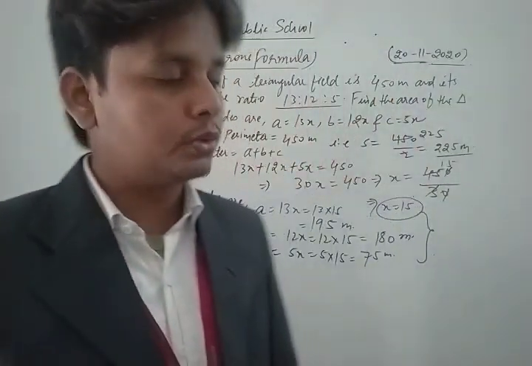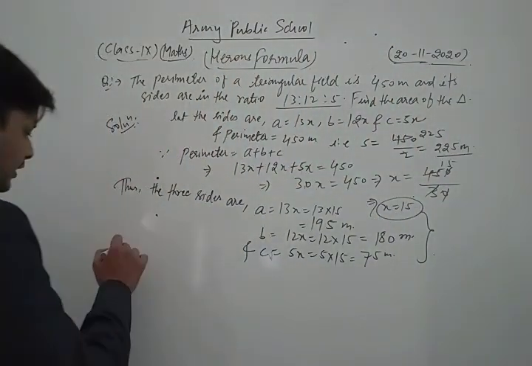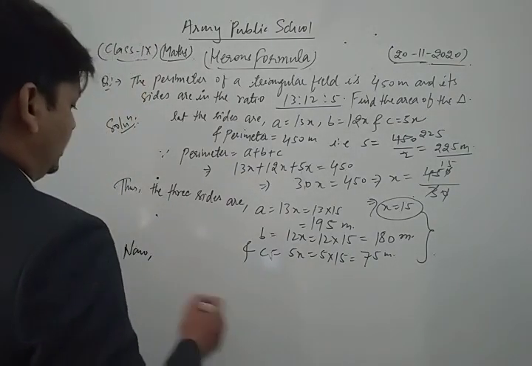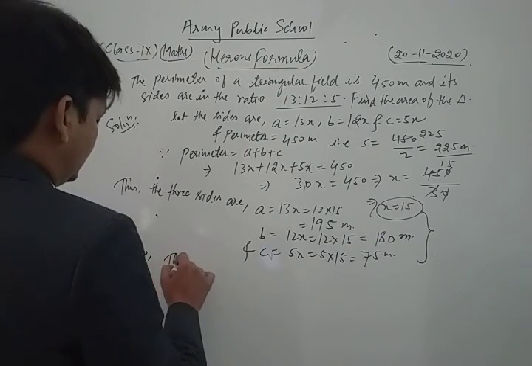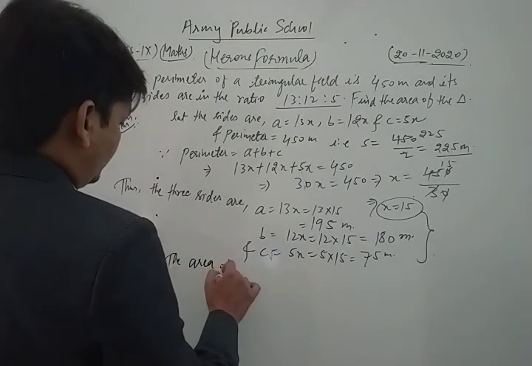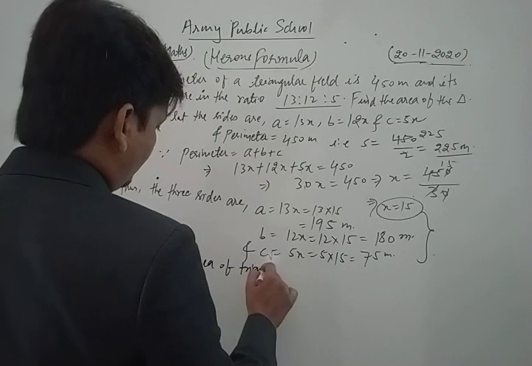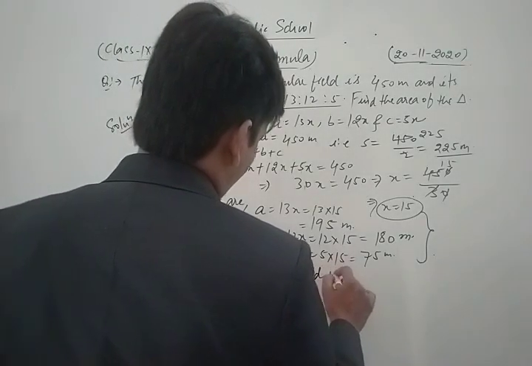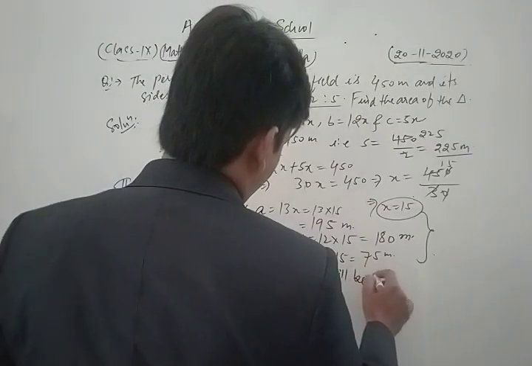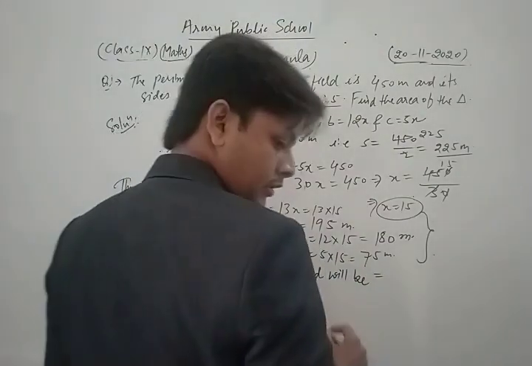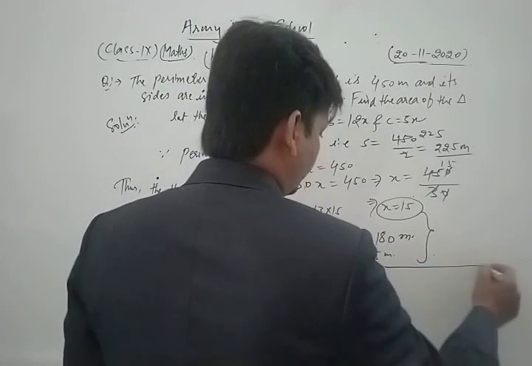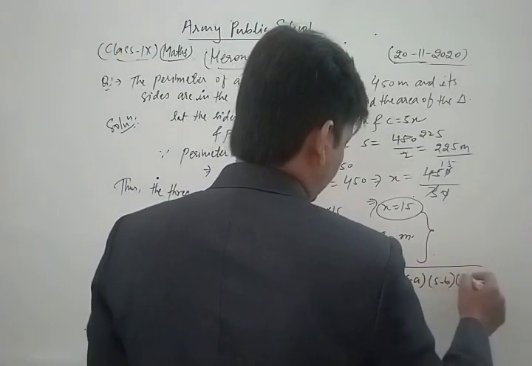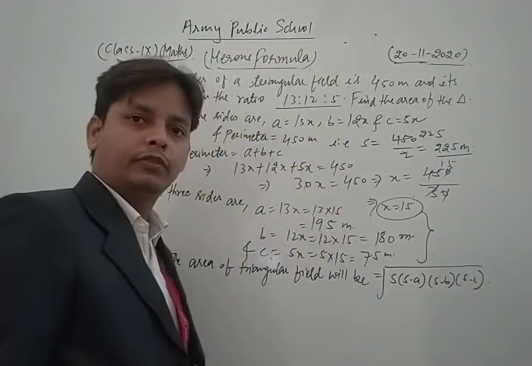Now, what do I do, dear students? Now the area of the triangular field will be, we apply Heron's formula: the square root of S into S minus A, into S minus B, into S minus C. This is the formula for that.